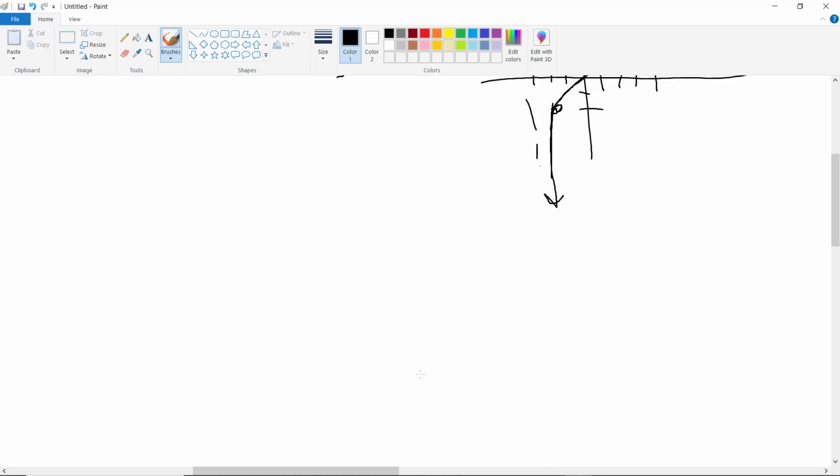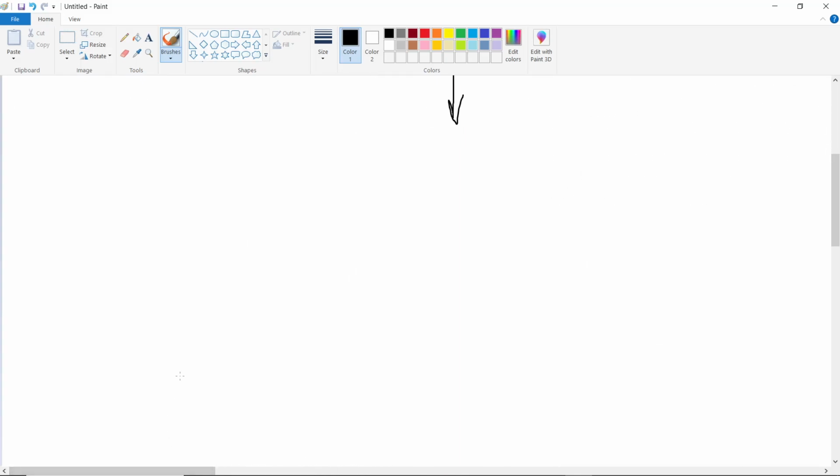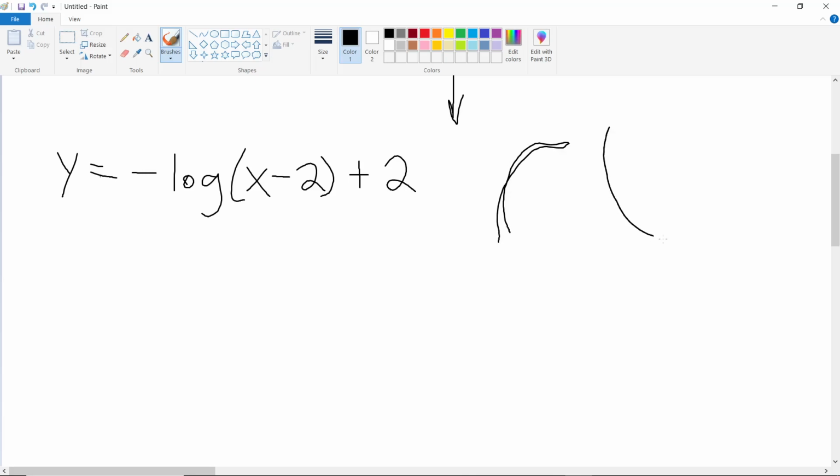I will do another one, and this time I will put a negative in front of it, and this is going to flip it. So this is y equals negative log of x minus 2, plus 2. So now instead of looking like this, it's going to look like this. It's going to flip it. Let me find my vertical asymptote.